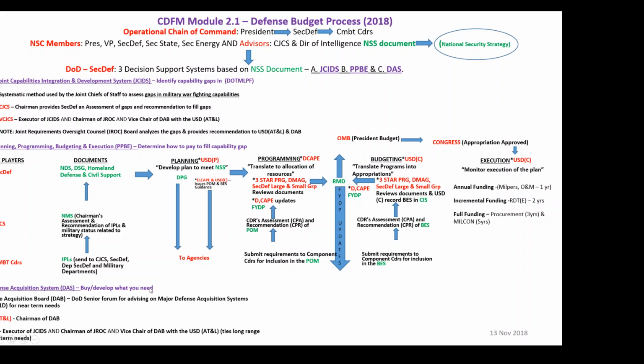Buy or develop what you need. So again, if it's a material solution, it will trigger the Defense Acquisition System. The Defense Acquisition Board is a senior DoD board that meets to discuss Acquisition Category 1D projects.